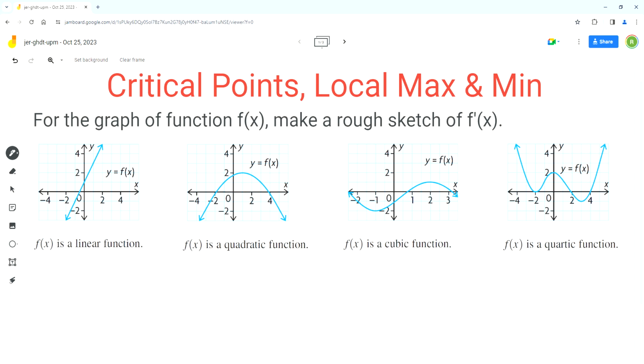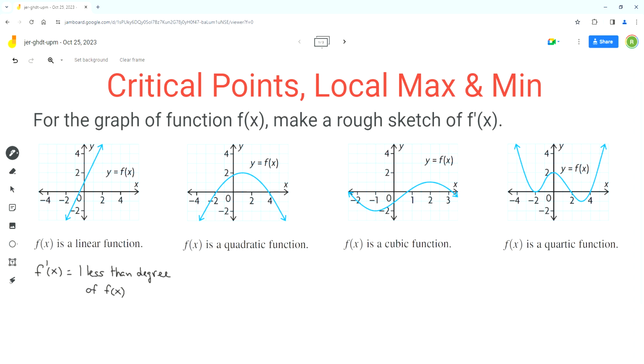So what that means is that the degree of f prime of x is 1 less than the degree of f of x. This is a very important concept you need to understand and memorize about polynomial functions. So let's start with the first function.